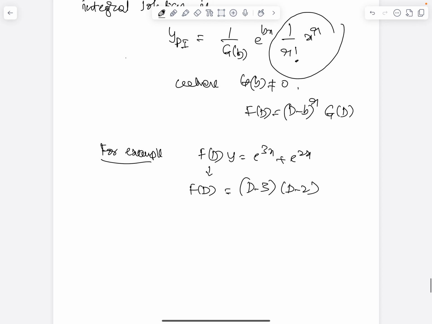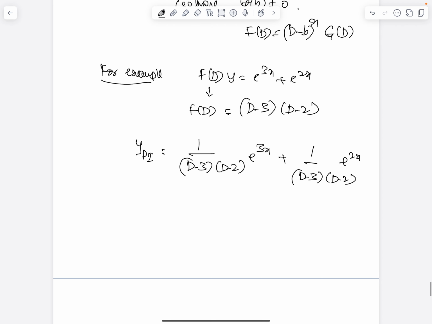So if you are handling this situation, y PI is equal to 1 by (d minus 3) into (d minus 2) into e power 3x, plus 1 by (d minus 3) into (d minus 2) into e power 2x. Because of 3 this factor is becoming 0, and because of 2 this factor is becoming 0.